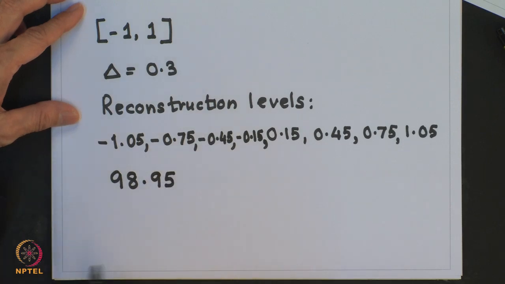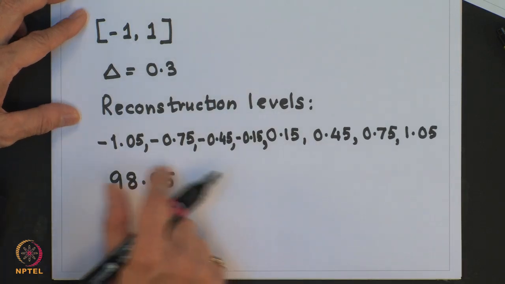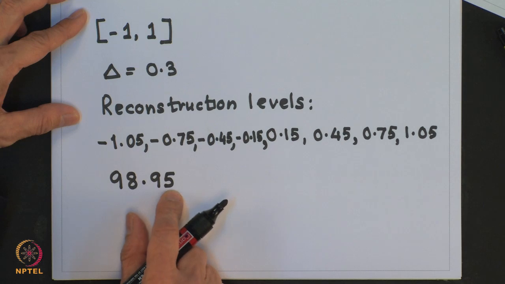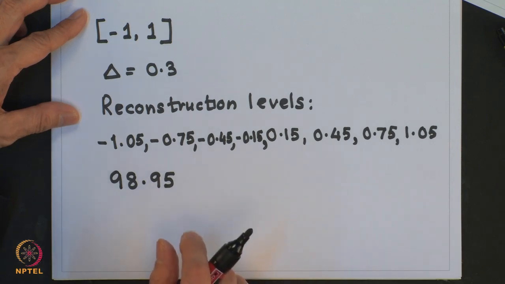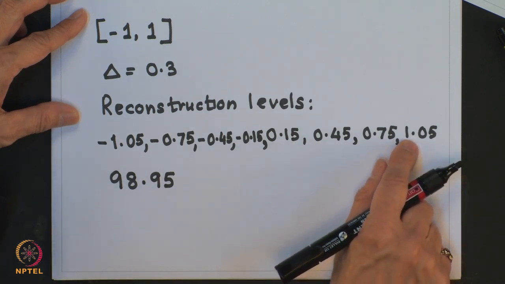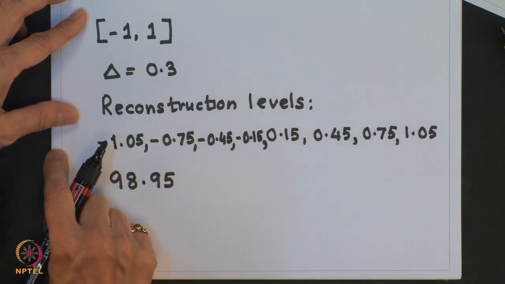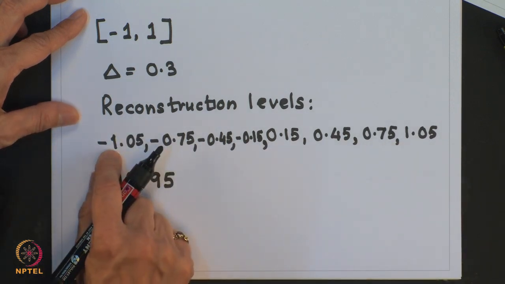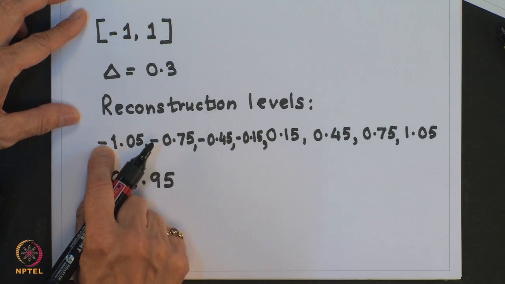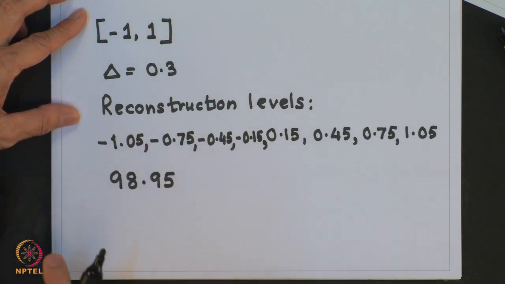So, in this case the maximum quantization error will be obviously equal to 98.95. This will happen when we have the input value to be say equal to 100 and it is going to get quantized to 1.05, or you have a value minus 100 and it will get quantized to the reconstruction level which is minus 1.05.